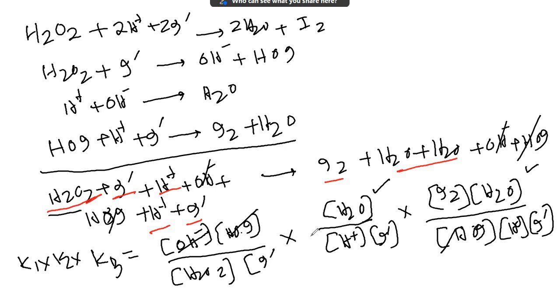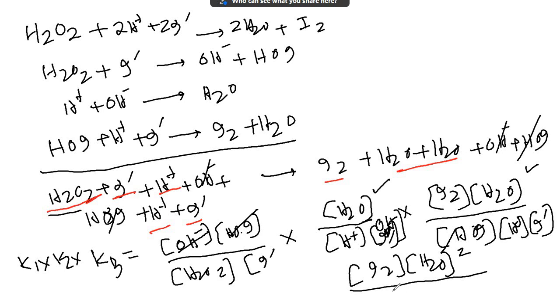In this way, we can say when an equation is obtained by the addition of 2 or 3 equations, the overall equilibrium constant will be the product of the equilibrium constants of the 3 equations. Okay, in this case a bit of a mistake I have made, it will be OH-, I have written it as I-. See, second equation: H2O into H+ into OH-. OH- and HOI get cancelled. Ultimately what is remaining? I2 is remaining, H2O squared is remaining.